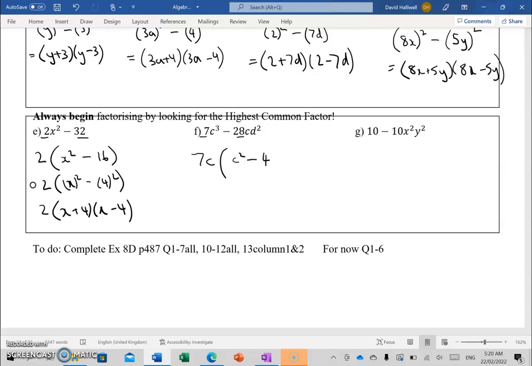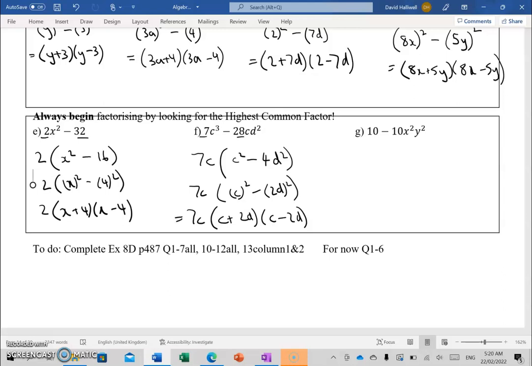I've already got the c out the front, so I need a d squared. So that's 7c, don't lose that 7c, it just hangs out the front. And I'm going to rewrite the inside as a difference of two squares, with c squared minus 2d all squared. And now this is a difference of two squares, so c plus 2d, c minus 2d, with the 7c out the front. And that is that expression factorized.